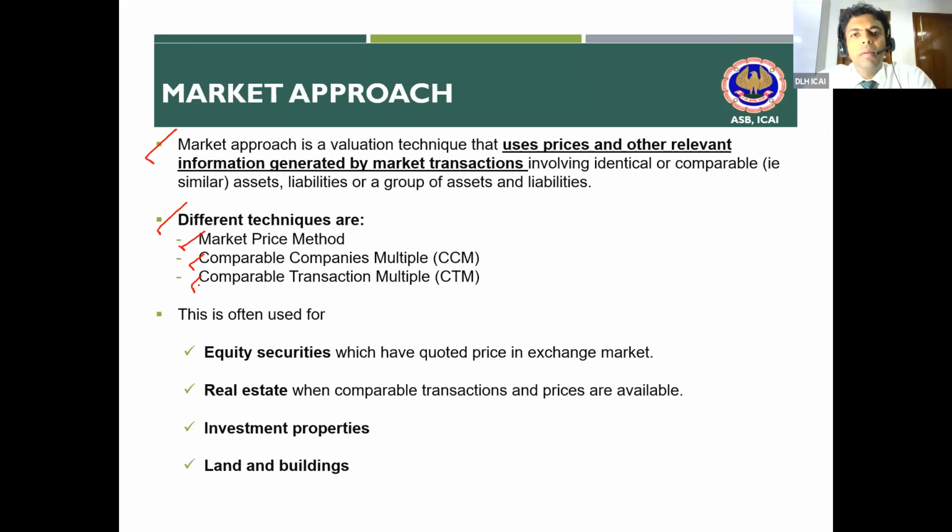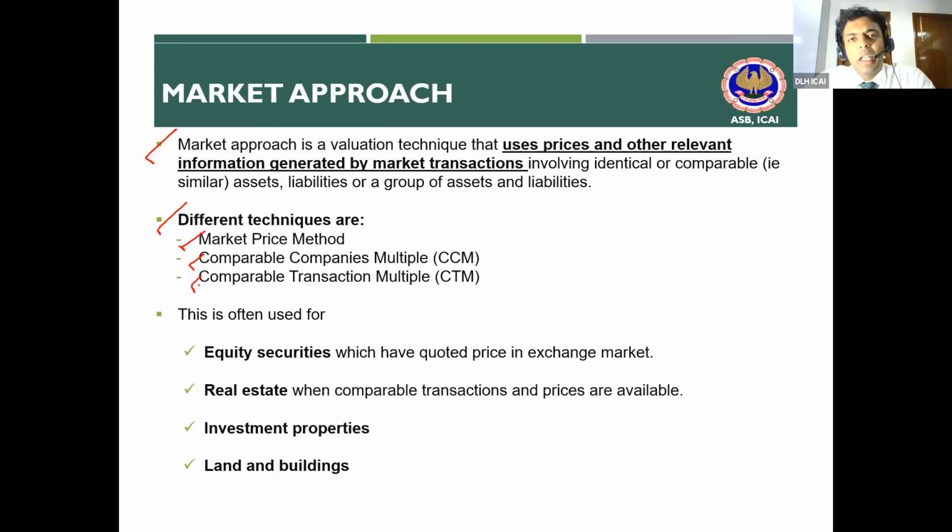So if you remember, or if you have studied transfer pricing, section 92 of the Income Tax Act, they also have a similar kind of approach where they take the multiple of that industry, where the assessing officer does the assessment of the companies based on the multiple of that industry. So that is a comparable companies multiple, right?